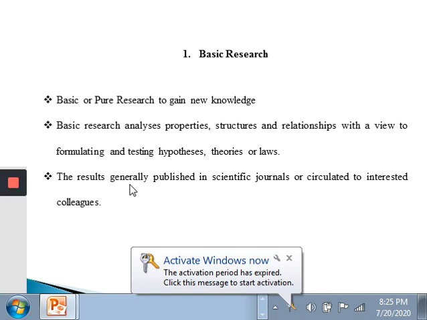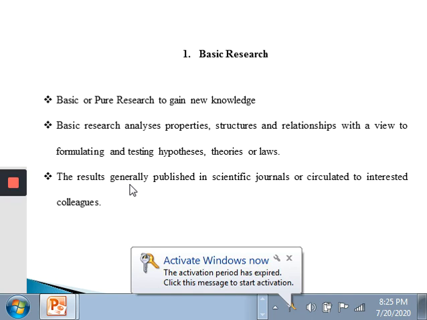Any molecule they have synthesized, so they got new knowledge or a new product, they can first analyze the properties and structure of the molecule in relationship with other views, and then formulation. Then they have to study the hypothesis, theories, and laws, everything.